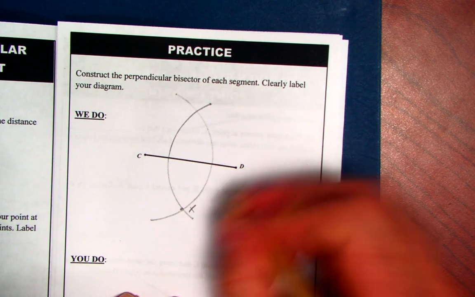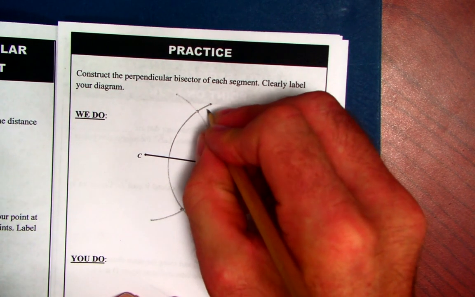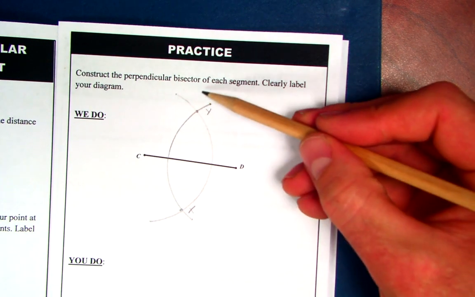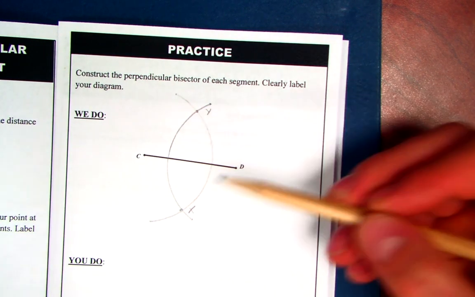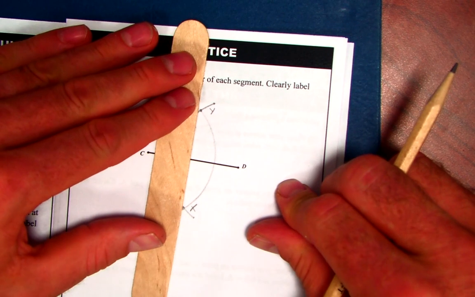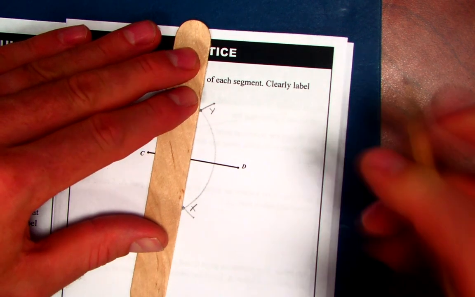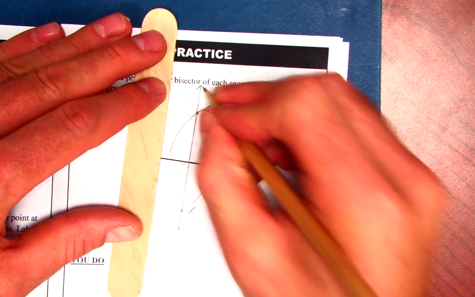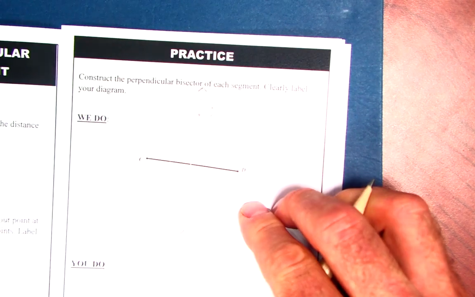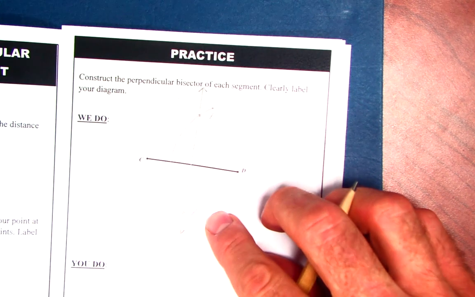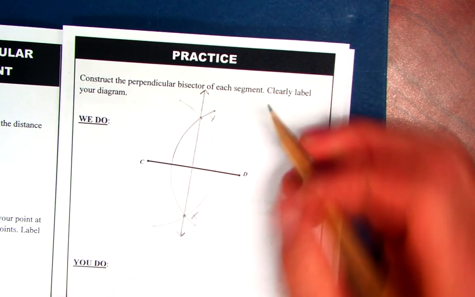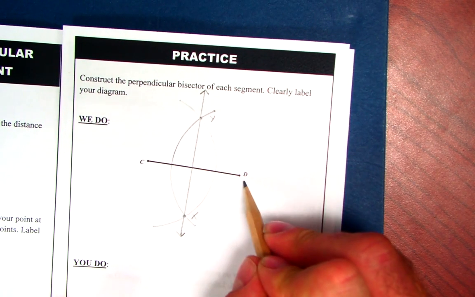And we'll just call those X and Y, let's say. Well, now we just need to draw the line that connects Y and X, and that'll be our perpendicular bisector. Okay, so line, sorry, that's a little bright. Line YX is the perpendicular bisector of CD.